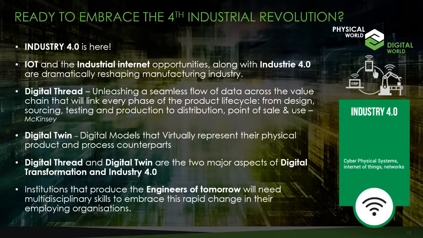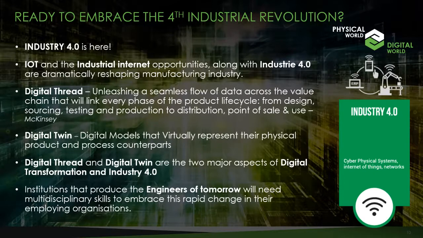If I talk about the facts, around 77% of manufacturing industries have either adopted these technologies or are in the process of making changes in their manufacturing process. It's a complete digital thread which unleashes a seamless flow from design to point of sale and use, complete product lifecycle management.